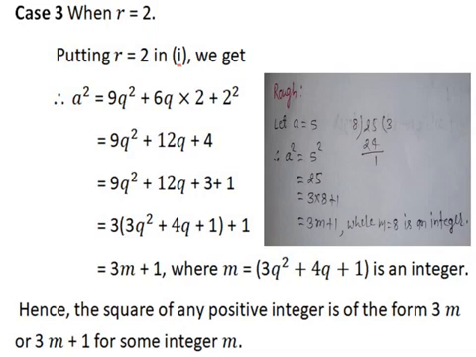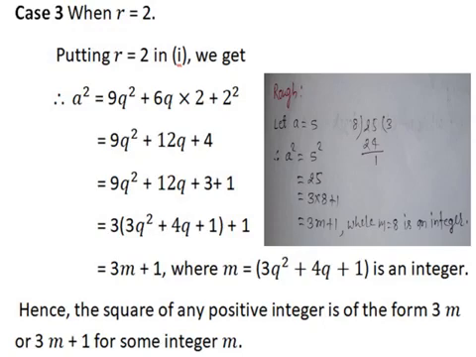Rough: let a is equal to 5. So a square is equal to 5 square equal to 25 equal to 3 into 8 plus 1 equal to 3m plus 1, where m is equal to 8 is an integer.